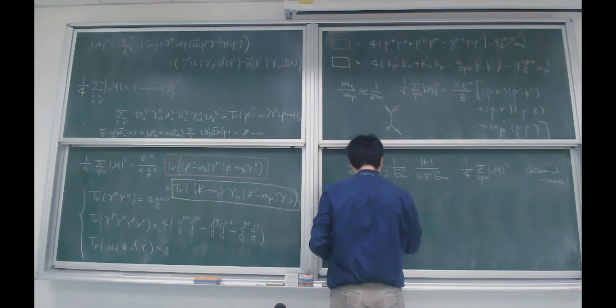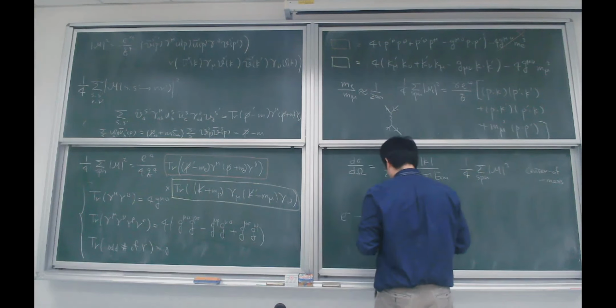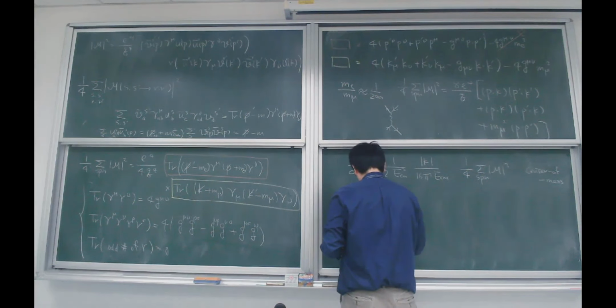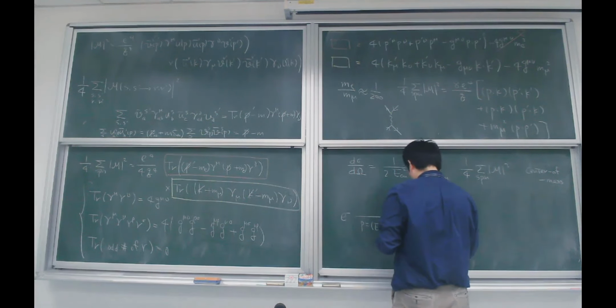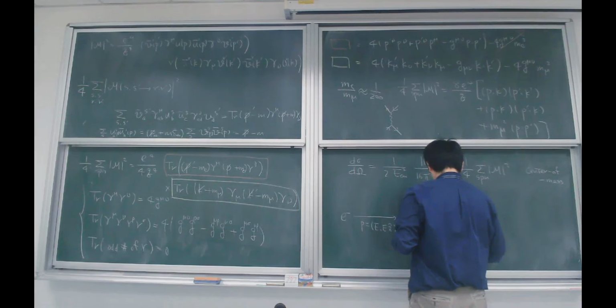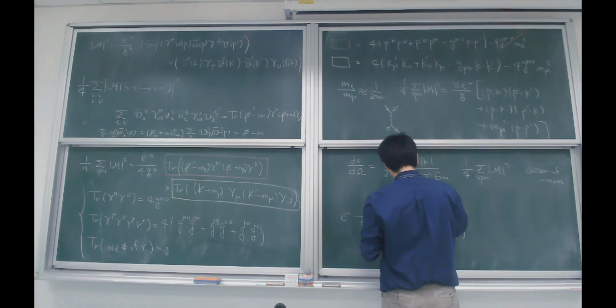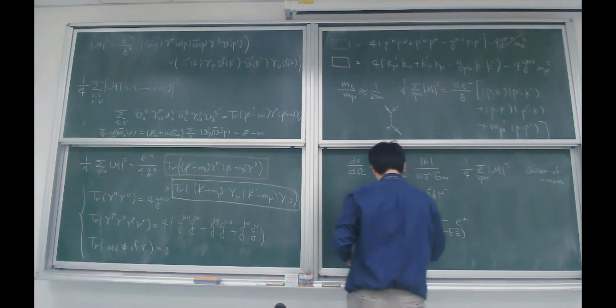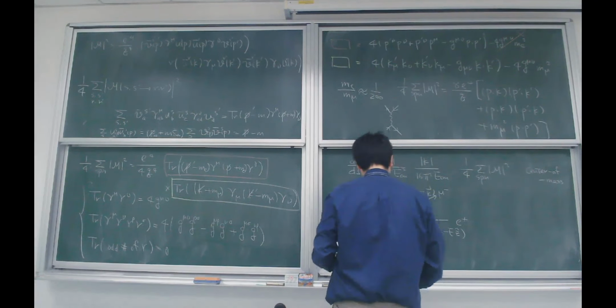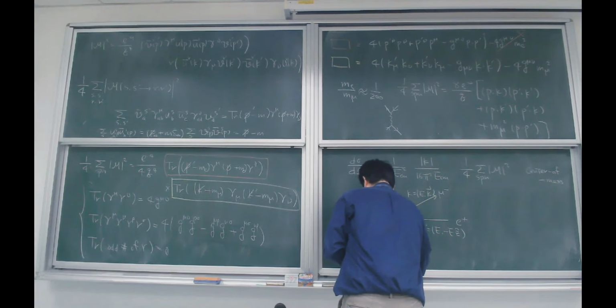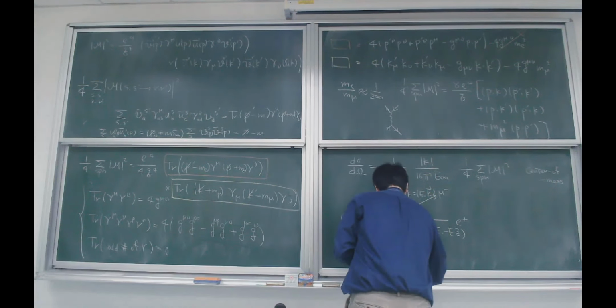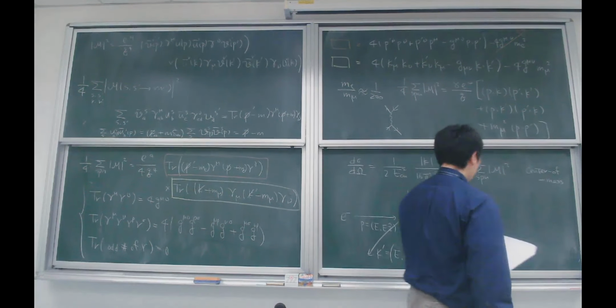To do that, we just consider the electron e minus having a momentum P equal to E times e-hat, and then P prime equal to E, and then the mu minus K is equal to E times K vector, and then K prime is equal to E times minus K. So this is the center of mass frame.